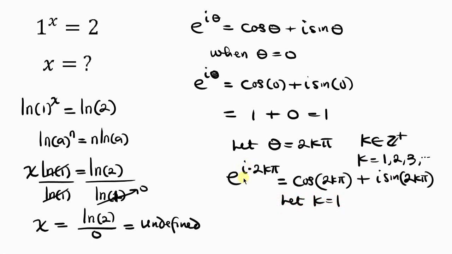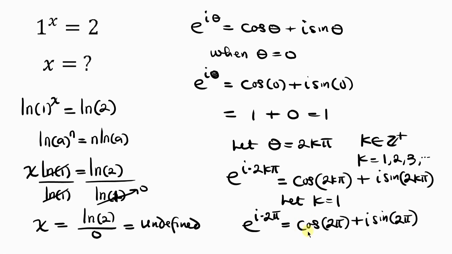If k is 1, we have e to the i times 2 times 1, that's 2. We have e to the i times 2 pi equal to cos 2k pi. K is 1, that is 2 times 1 times pi, that is 2 pi. So cos 2 pi plus i times sine, we have the same thing, 2 pi.